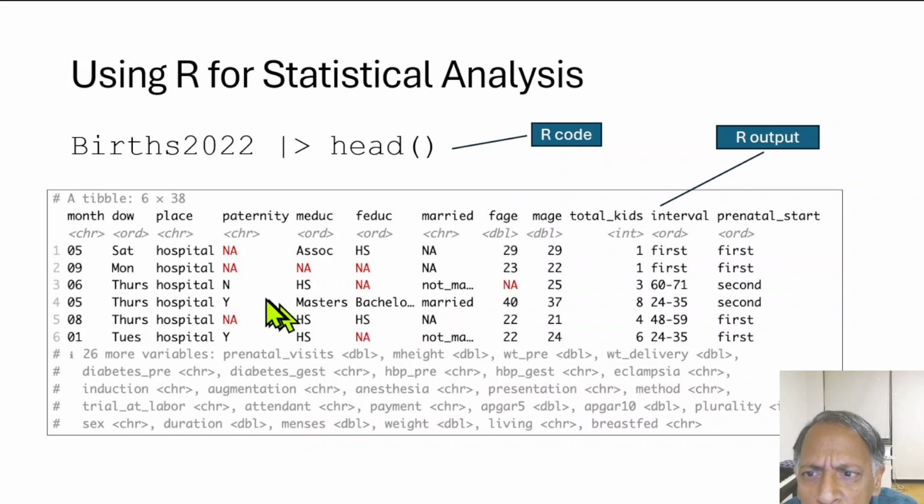So what this is telling you is that there are several variables in this data frame, as we would expect.